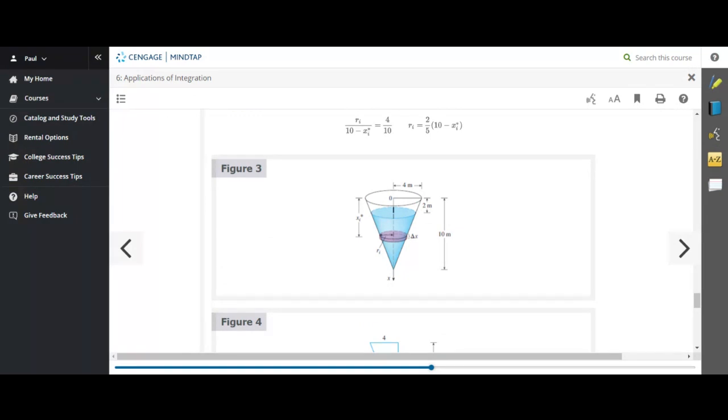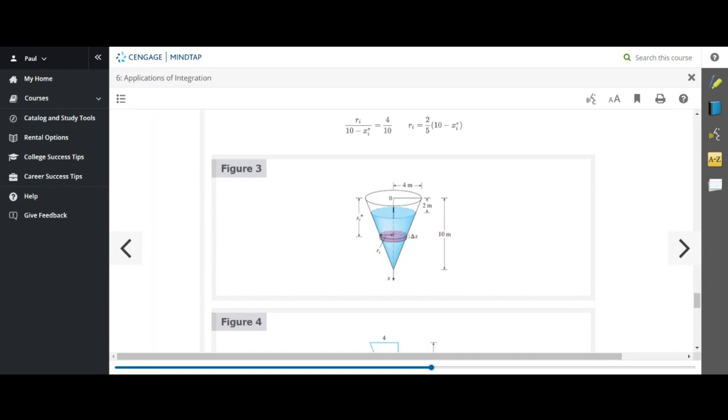So all the slices of water have the same width, but the radius varies. The radius for the ith layer of water, that's the purple layer you see in figure 3, varies depending on how far down that ith layer is from the top of the tank, and that distance is x sub i.